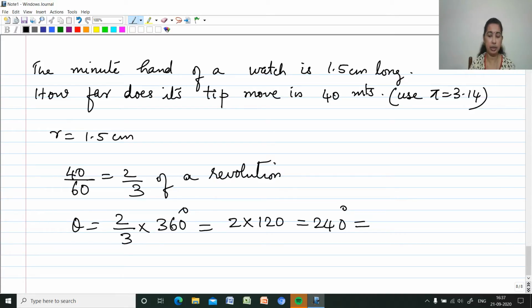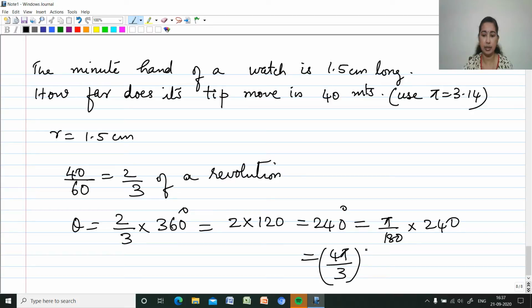So 240 degrees is the same as 4 pi by 3 radian, or how to convert it? Pi by 180 into 240. So 0 getting cancelled, 6 is common here, so 4 here and 3. So 4 pi by 3 radian is same as 240 degree.